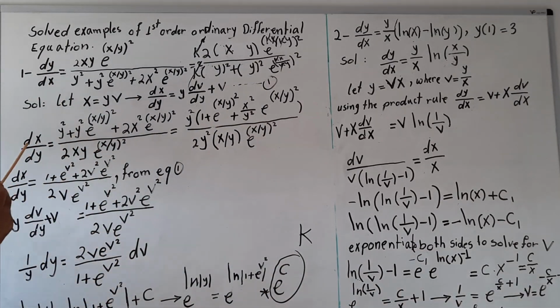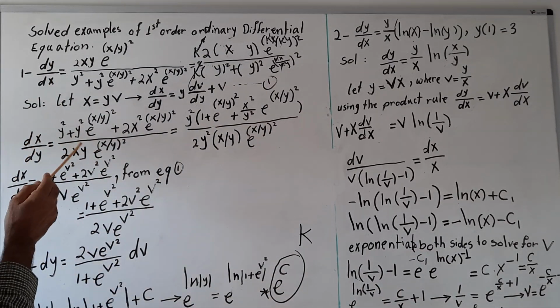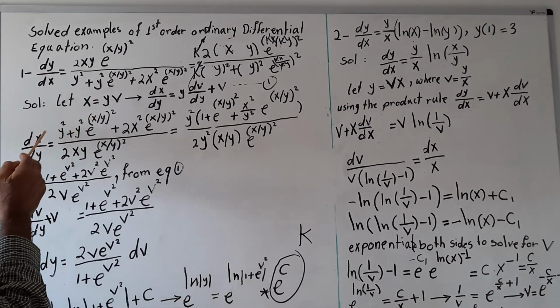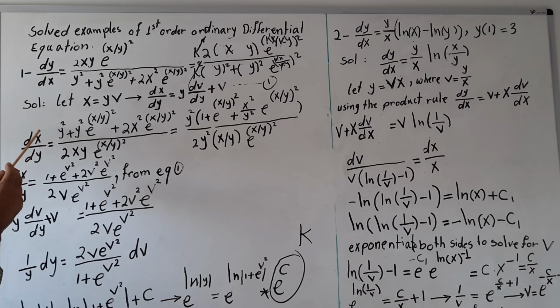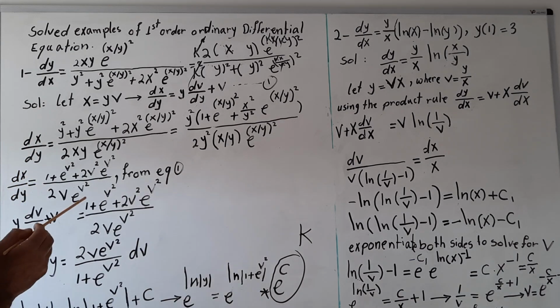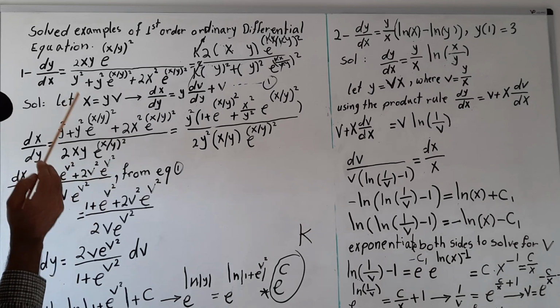And so here we took the reciprocal of this equation, because we have dx over dy, not dy over dx. It changed to this form.